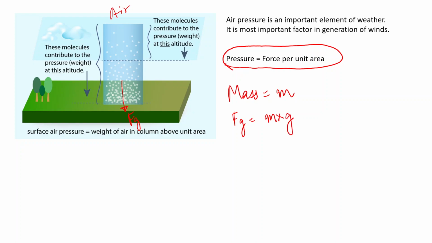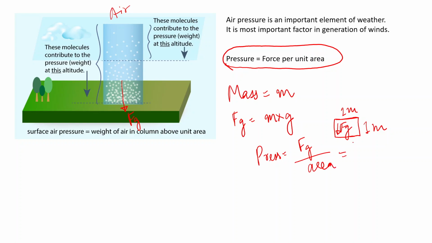Okay. And if let us say that this is the surface of 1 meter square, so the Fg which is being applied over this area will be the pressure. So pressure is equal to force applied upon area.